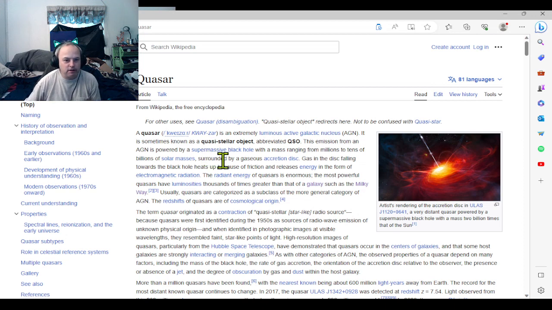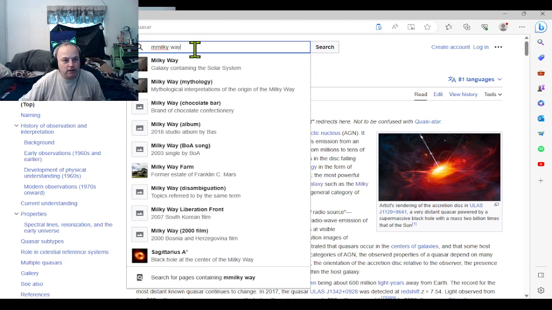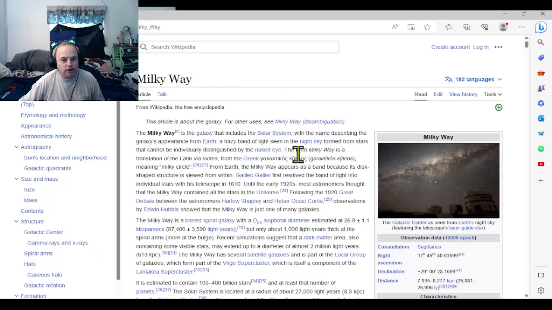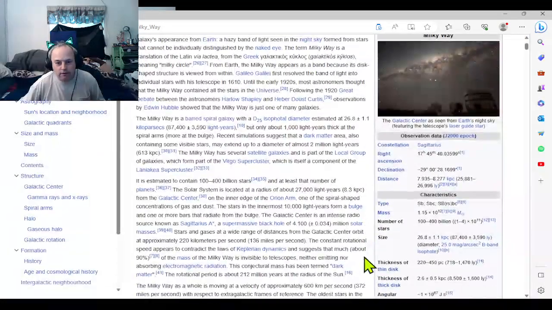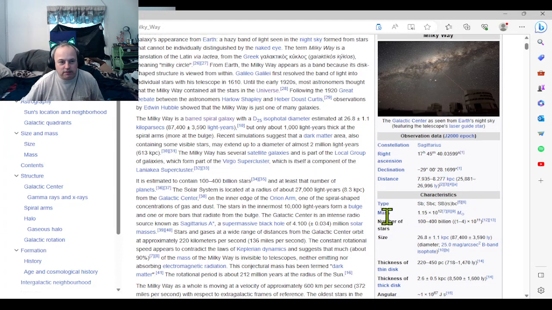If we go back to the Milky Way galaxy and look at the mass, we have 1.5, I think this was trillion solar masses, but that's irrelevant.